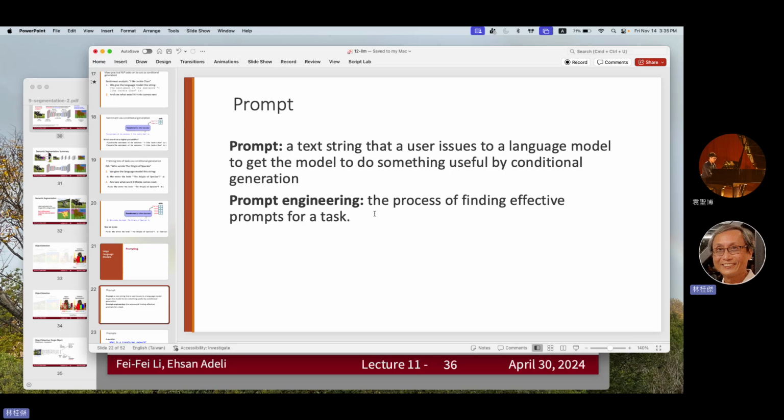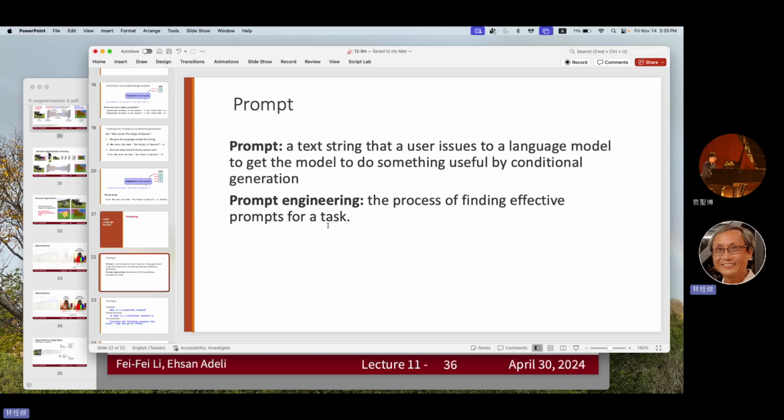And so the skill of giving the right prompt in order to get the right answer is, in some tool sets or in some classes, called prompt engineering. That is, think of the large language model as just a machine, and this large language model needs some input.